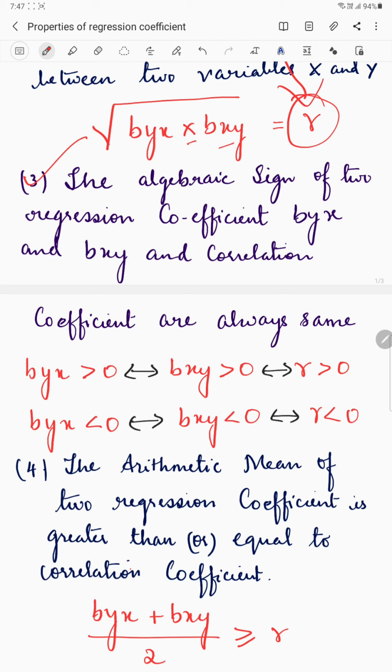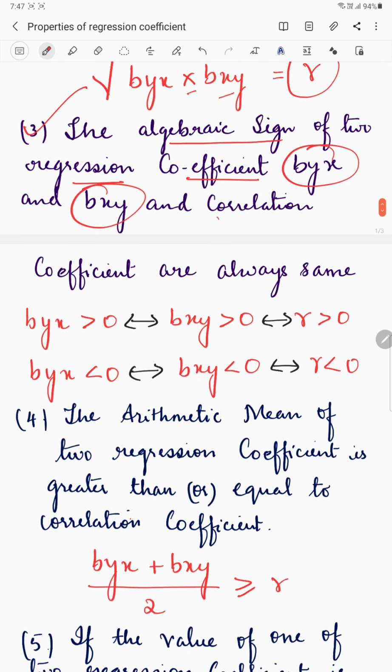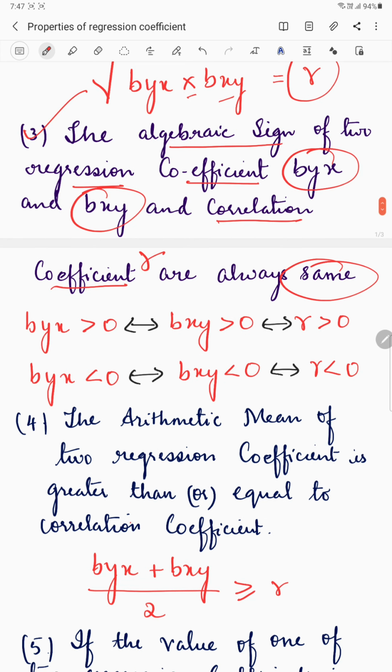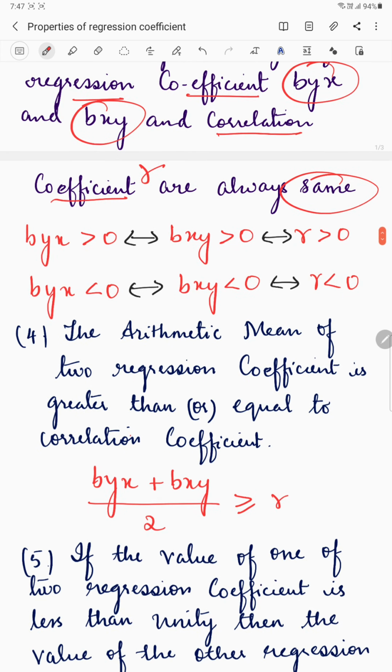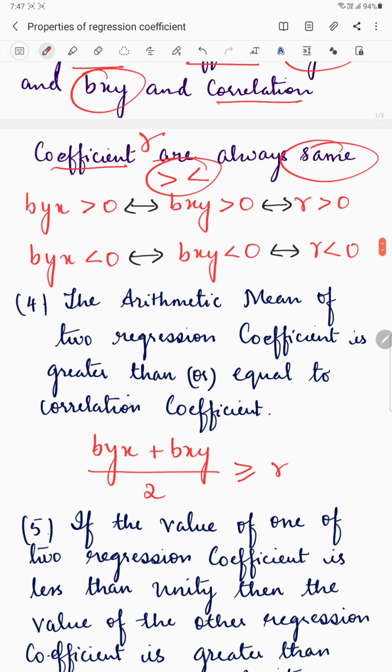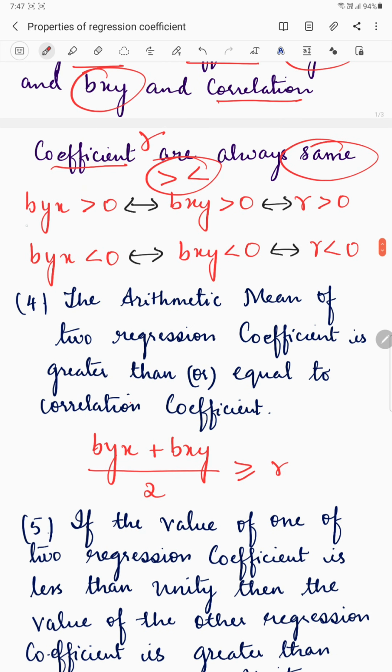The algebraical sign of two regression coefficients, that is byx and bxy, and the correlation coefficient r are always same. Now what does this mean if it is always same? Okay, so you know, right, the symbols, this is lesser than and this is greater than. Remember that, that's a basic thing. So byx is greater than 0.